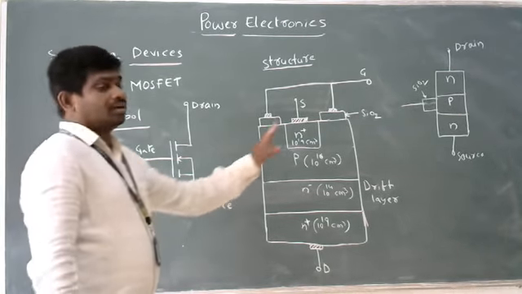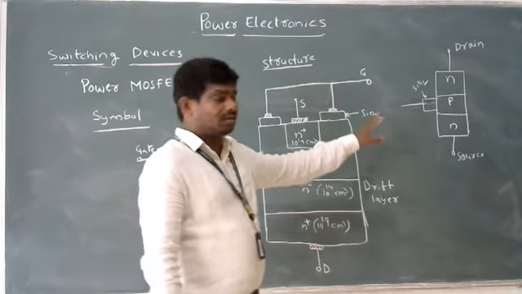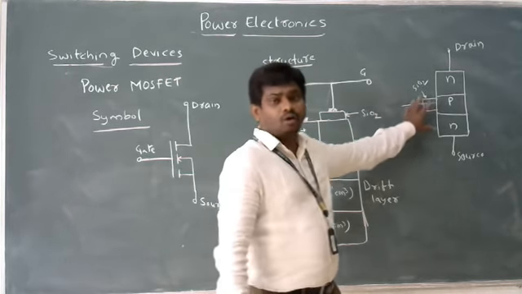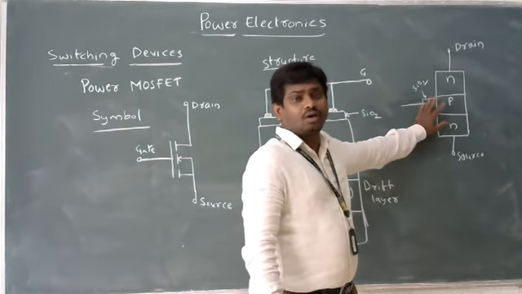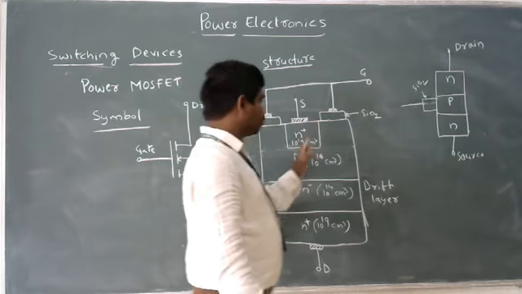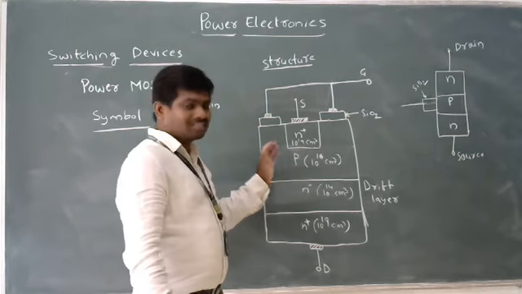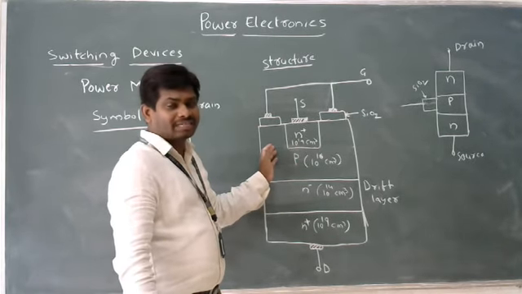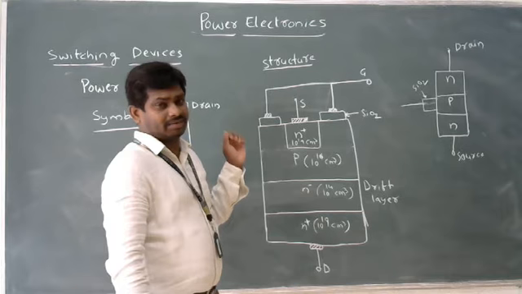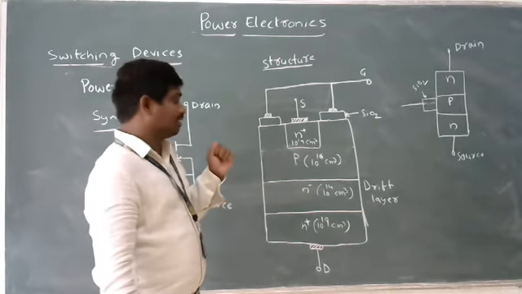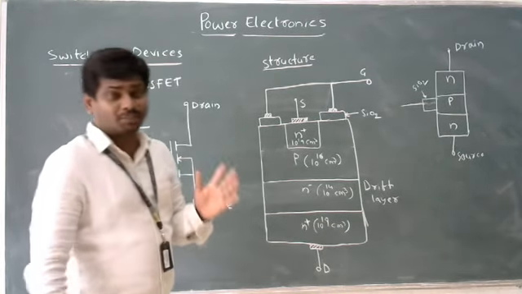So the normal MOSFET does not need that much doping. But this one is used for high power applications, carrying megawatts of power and handling high currents. That's why the doping levels must be very, very high.